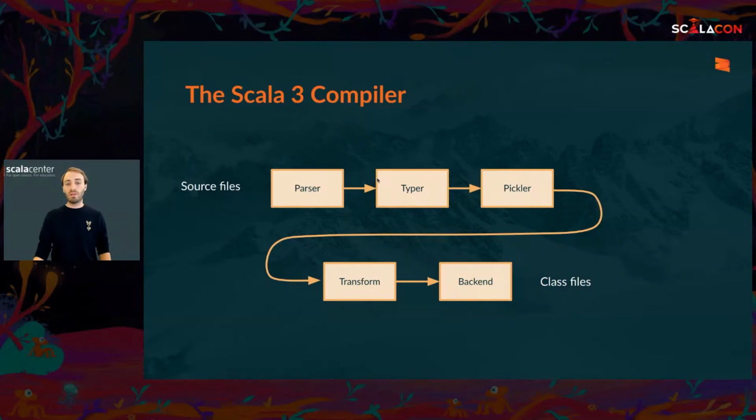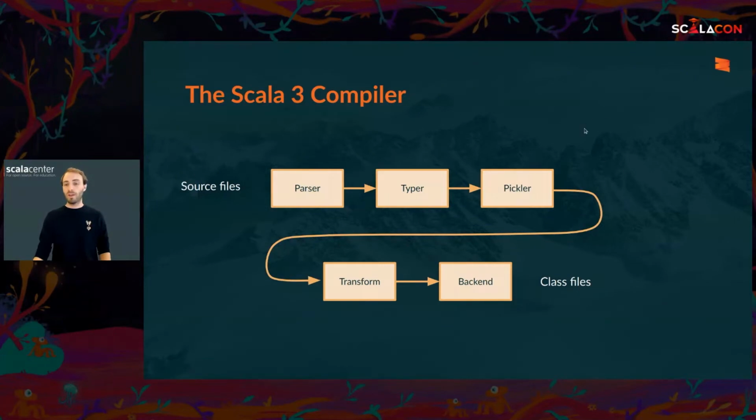Then we need to know if this tree is correct. So we type the tree, and we get a typed tree. Then in Scala 3 there is a series of phases called the Pickler phases that are responsible for macro expansion or inlining methods.